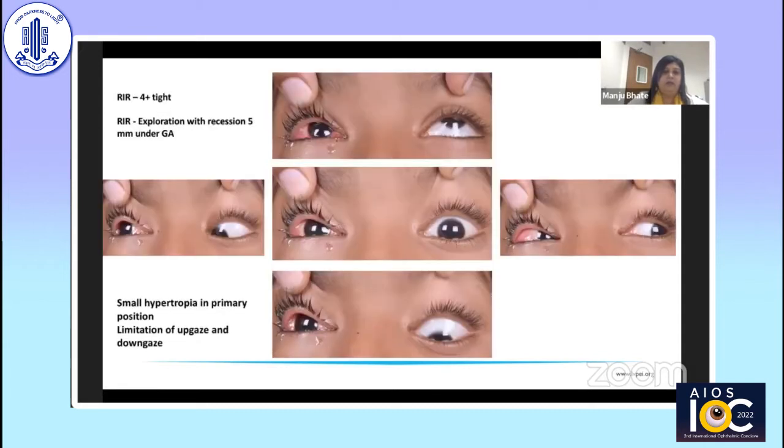He was then referred to the strabismus clinic and underwent an exploration with recession of the inferior rectus of the right eye. And so he had much better cosmesis, improved ocular motility, and a resolution of his diplopia. He did have some limitation of up gaze and down gaze, as we can see in this early postoperative picture.